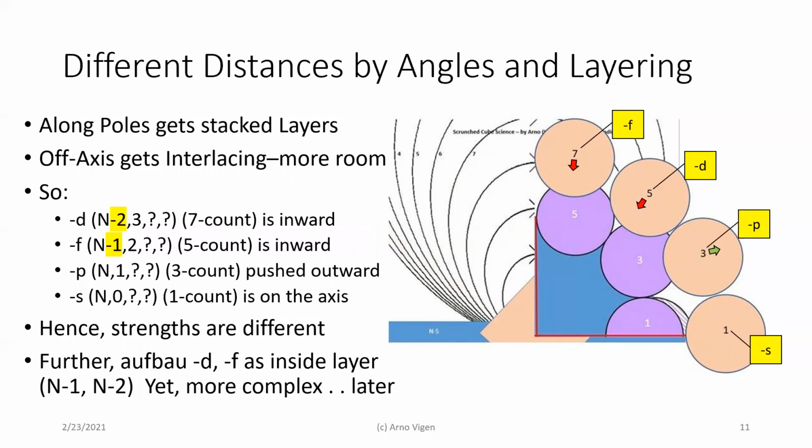So when we finally get to the math of that, you're going to find that the subshell D and the subshell F actually settle inside the subshell S at the pole. They're pushed in.